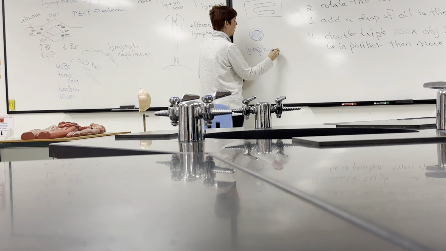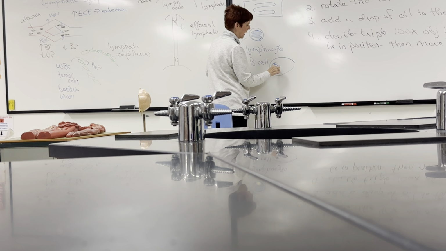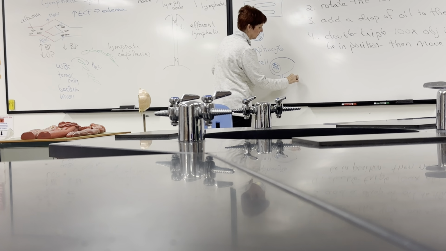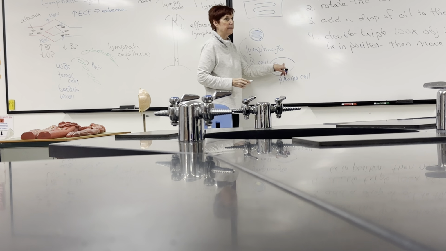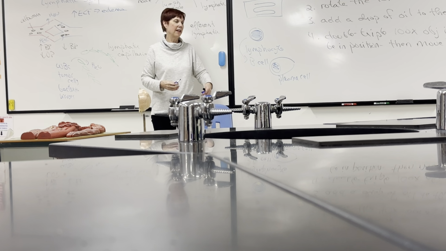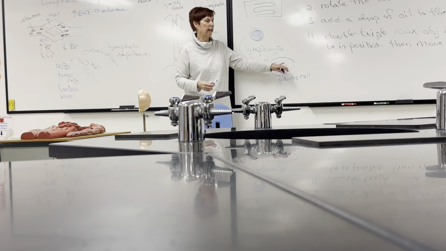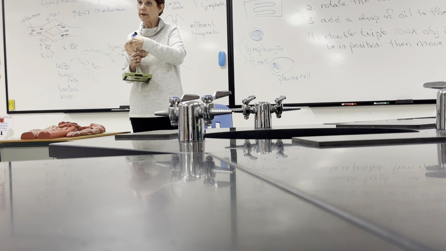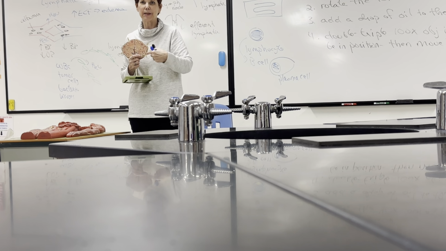Then it converts to a plasma cell, and a plasma cell is making antibody proteins. So it's going to have a lot of ribosomes and a lot of Golgi, but because it has more cytoplasm, it's not as dense or dark. And so that increased area of cytoplasm lacking a nucleus looks lighter. And so we find B cells, whether we're looking in the tonsil or the lymph node or the spleen or a lymphatic follicle, we see the lighter center in the middle if there are plasma cells present.